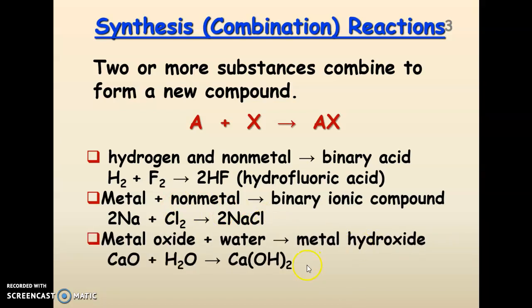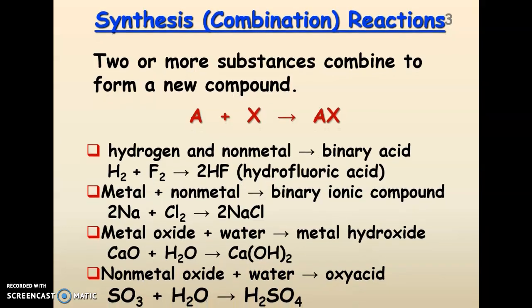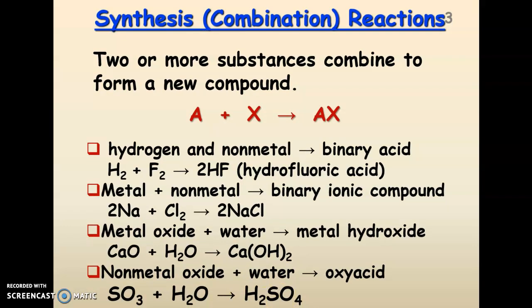Okay, and then some of the more complicated ones like the metal oxide and water making a metal hydroxide, and the non-metal oxide and water making an acid. And we'll come back and look at those reaction types in the future when we're predicting reactions, but you can see all these involve two things combining to make a more complicated substance.